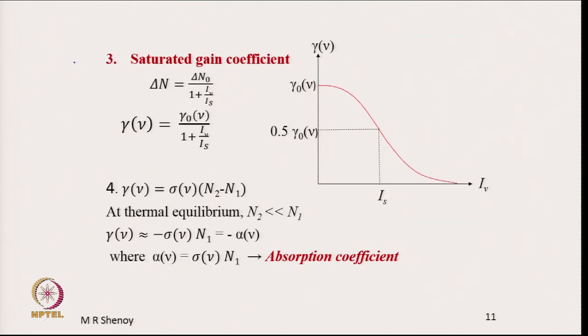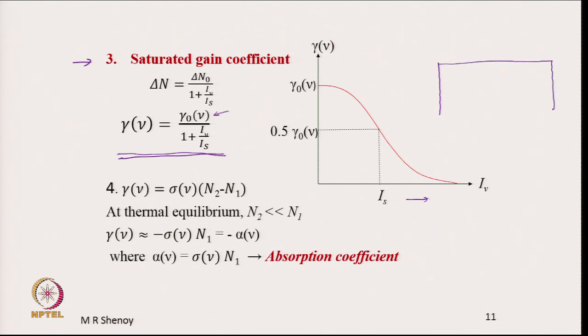So, finally, the third and important point is what is called the saturated gain coefficient. Gamma 0 is called the small signal gain coefficient, and gamma of nu given by this expression is called the saturated gain coefficient, and this shows the variation of the gain coefficient. The important point is the intensity of the radiation inside the laser medium.